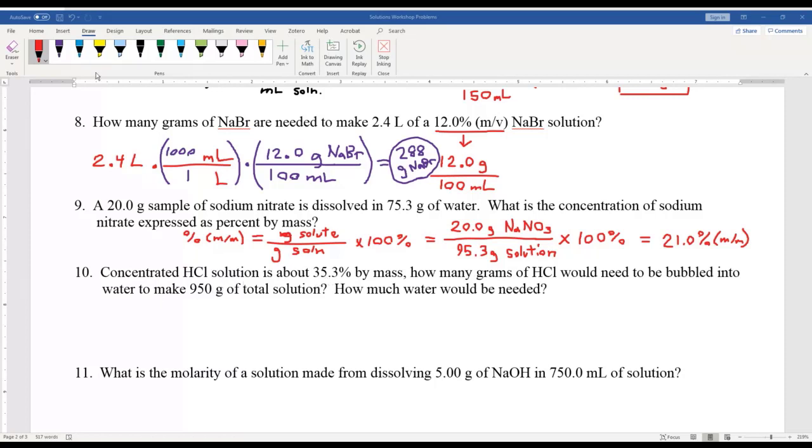So once again, anytime you see a percent by mass or a percent concentration, that means you have a conversion factor. So 35.3% by mass. If I wrote that as a conversion factor, what would I write? 35.3 what?